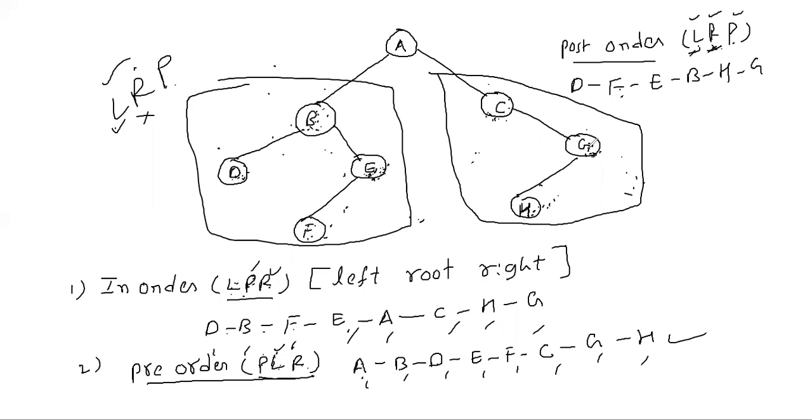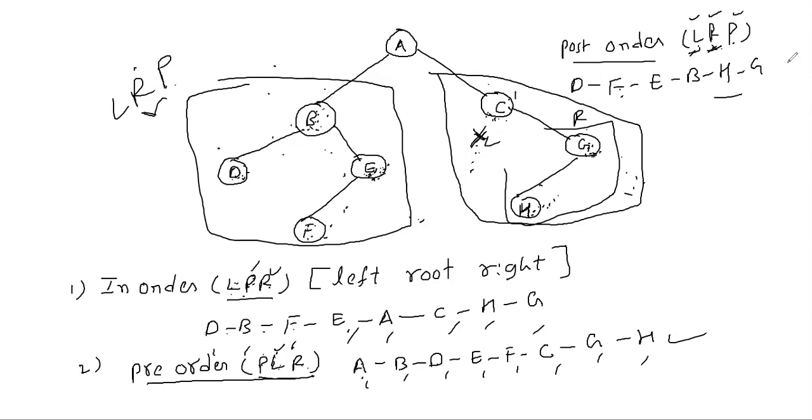Next listen here. When you come to C, C left nothing is there. Right side is there. What is the formula? LRP. For C, left nothing will be there. Right is there, GH. We have written that, completed. Next, left, right, next parent.